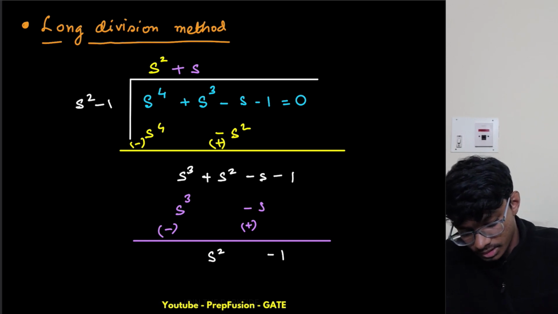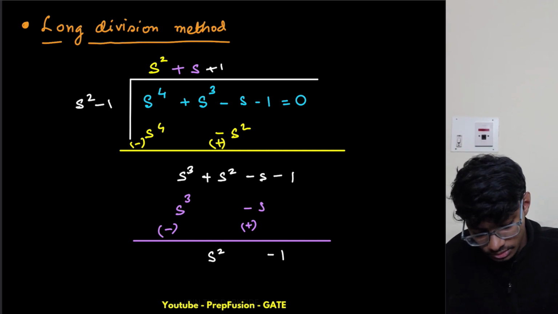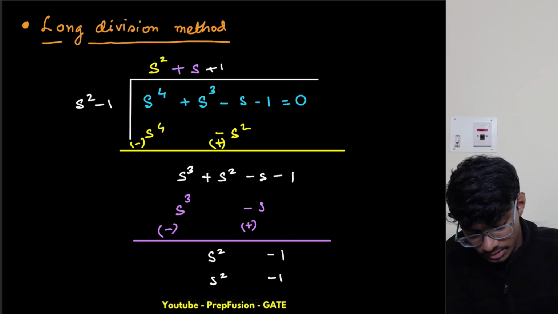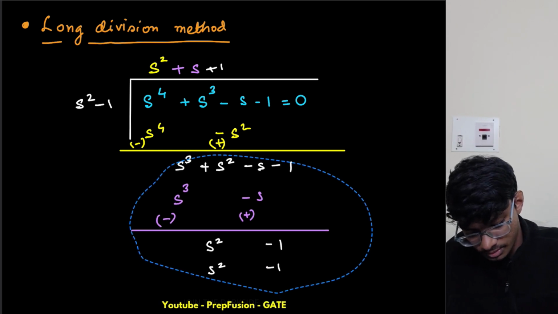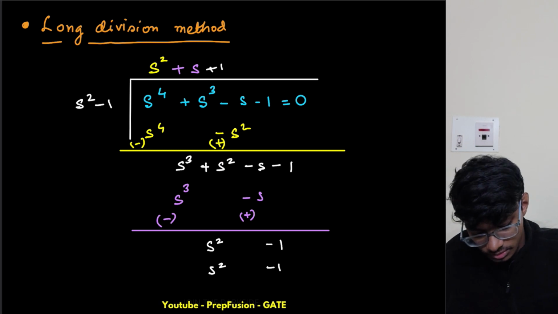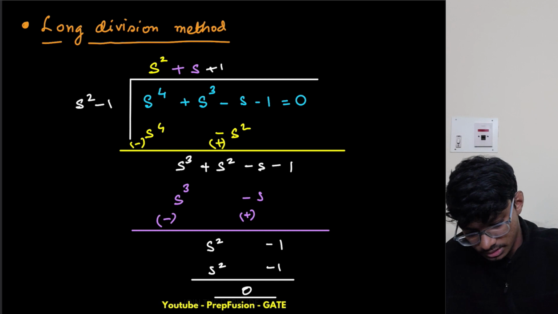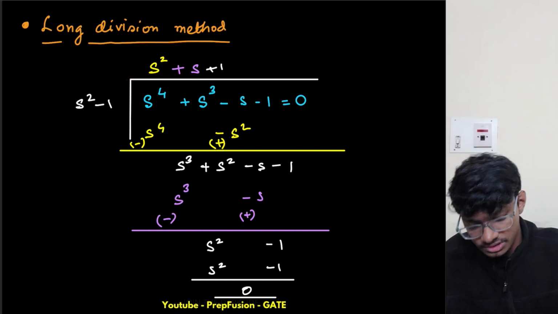Again I simply multiply by 1. If I multiply by 1, I will get my equation, so this is s square minus 1, which is getting cancelled. My remainder comes out to be 0, and this is my quotient, and this is my factor. This is a very famous factor.